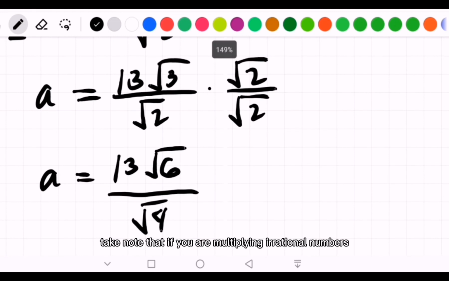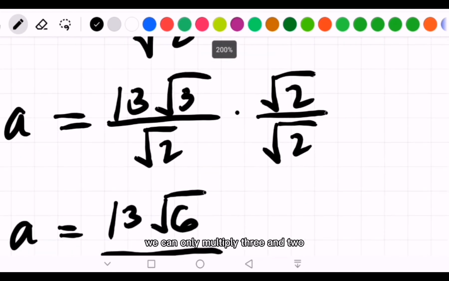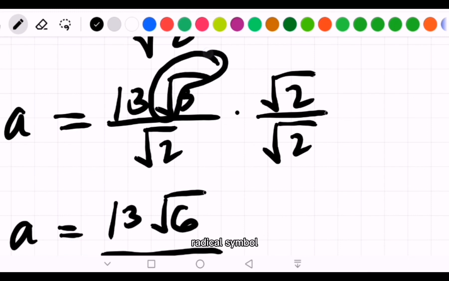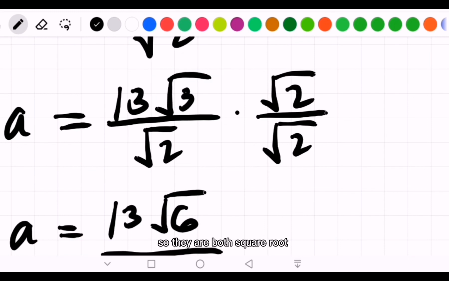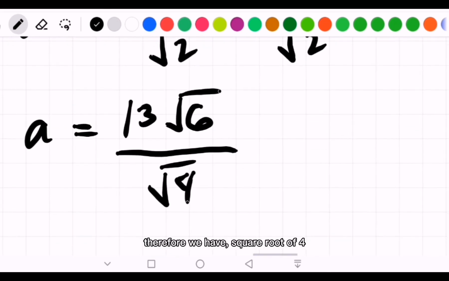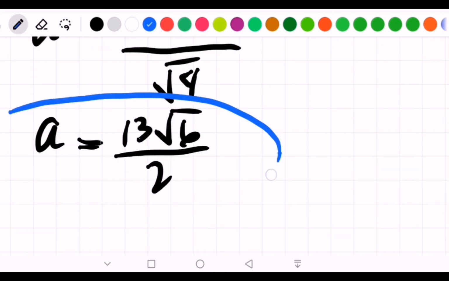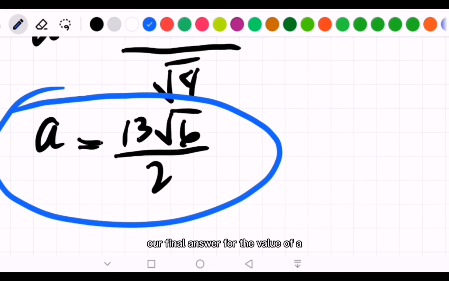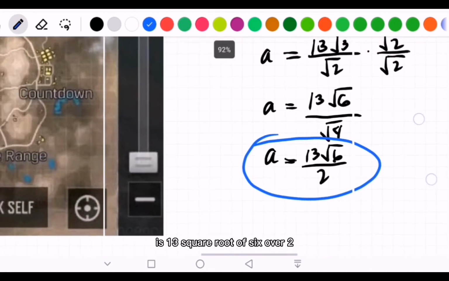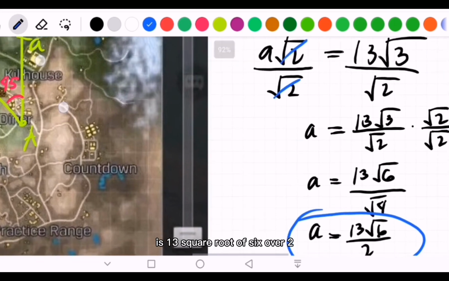Take note that if we are multiplying irrational numbers, we can only multiply 3 and 2 because they have the same radical symbol, so they are both square roots. Same with square root of 2 times square root of 2, therefore we had square root of 4. Now, to simplify this, our final answer for the value of a is 13 square root of 6 over 2.